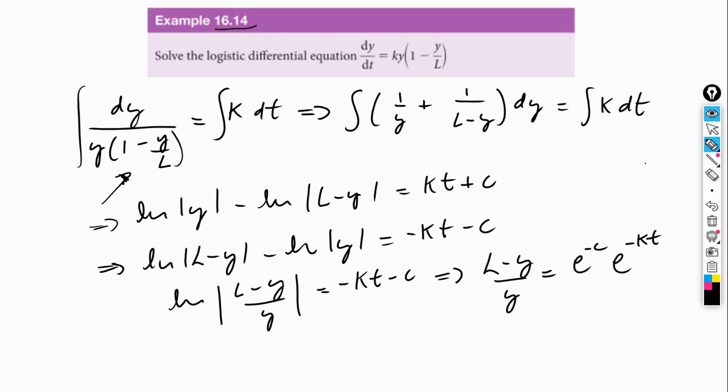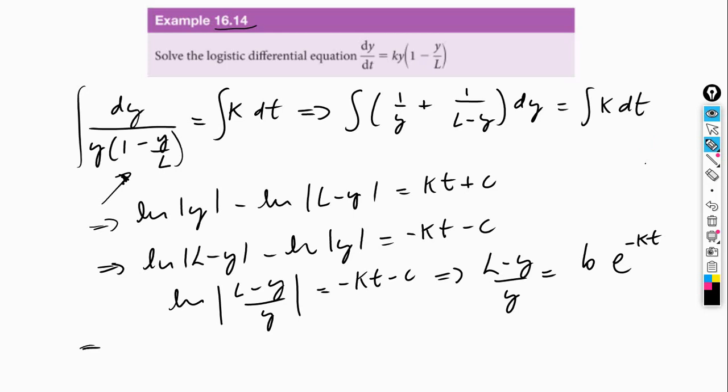And then we can express this, instead of using this e to the minus c, using a random variable b. It could also be A or C or any of the letters, but we want to use B in this case. So notice that from here, we can send this y to multiply.